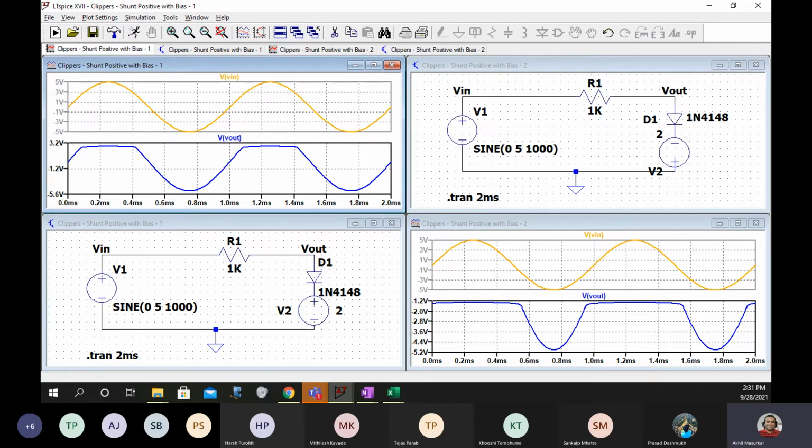So do you want to see the input output characteristics for this circuit?